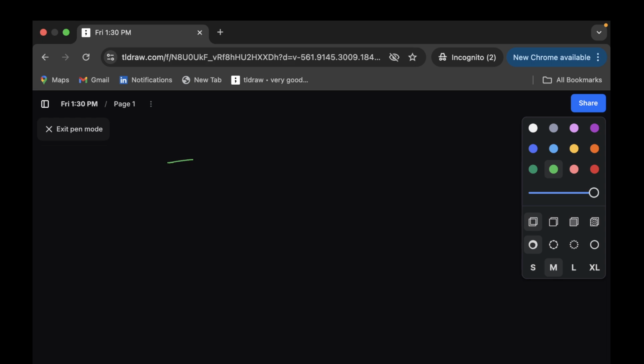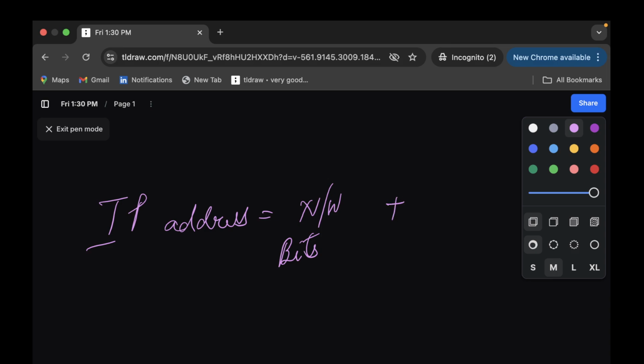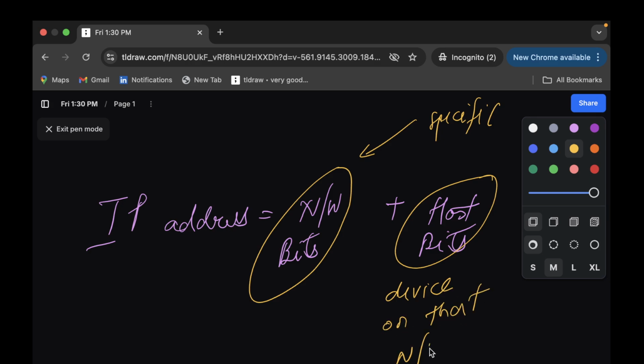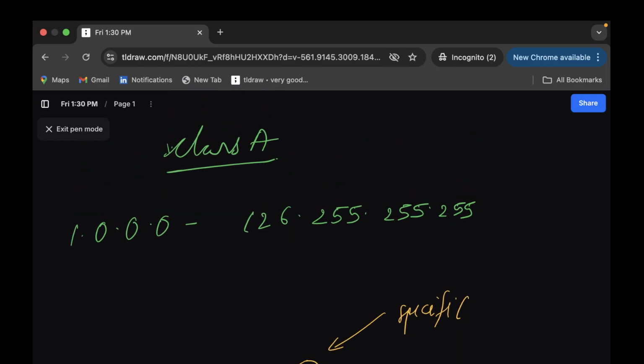So my IP address has network bits, which are used to identify the network, and then I have the host bits. The network bits are responsible for getting to that specific network, and the host bits identify the device on that network.